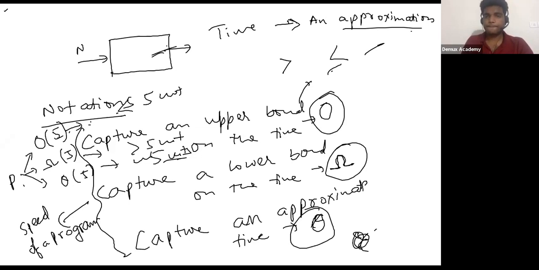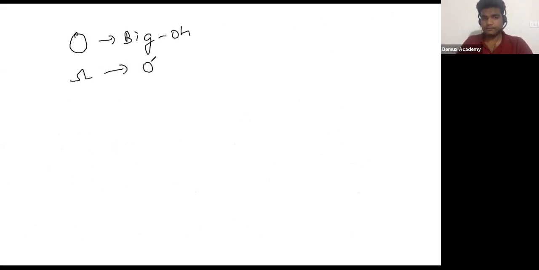Okay. So now we have these notations. This is big O notation. This is omega. And this is theta.